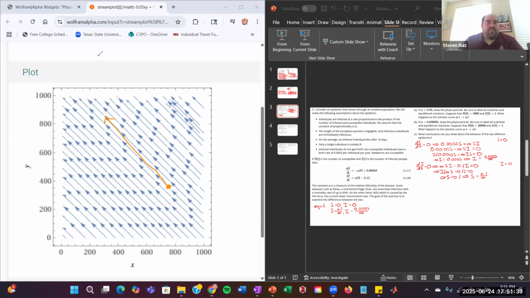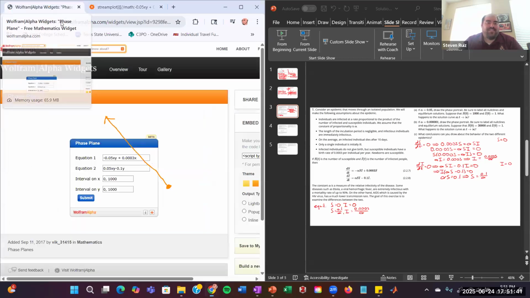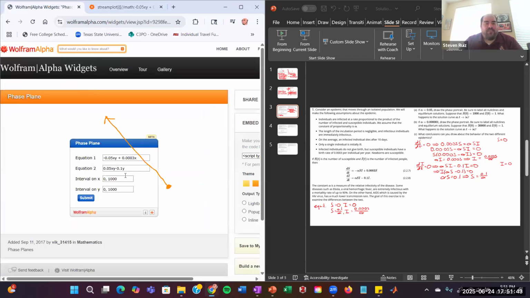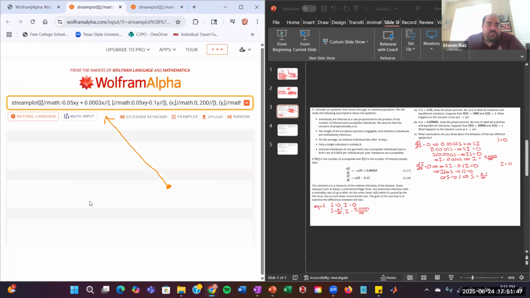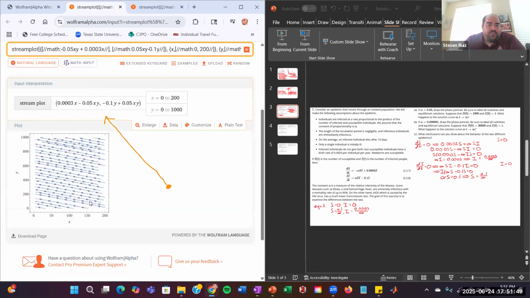So let's do this. Let's tighten the x-axis to see what happens to the susceptible population. Let's go 0 to 200. No, that still seems to fit. It looks like no matter what, we're going to trend toward that.